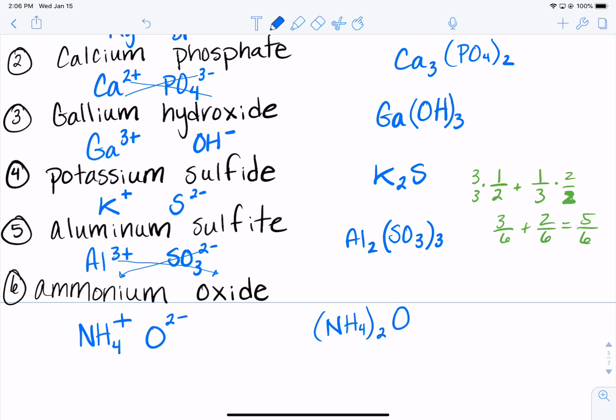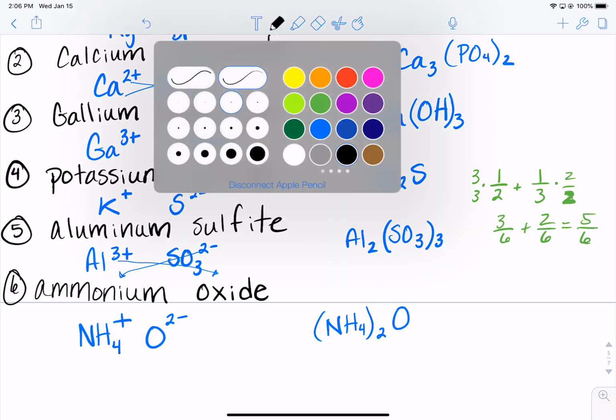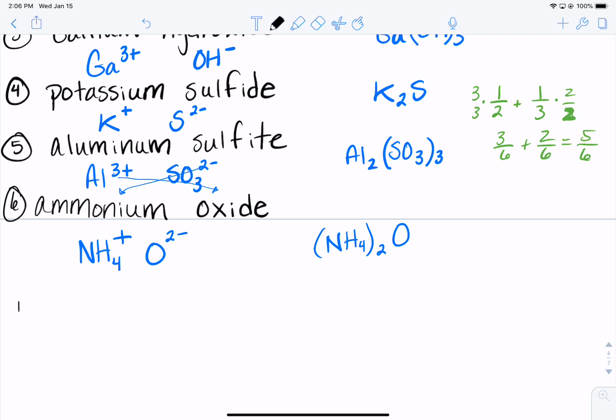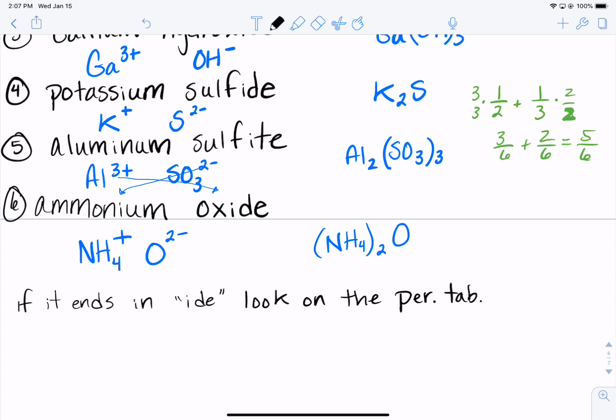So the general rule is, if it ends in "ide," I look for it on the periodic table for the name.